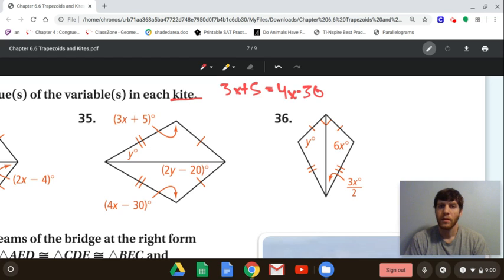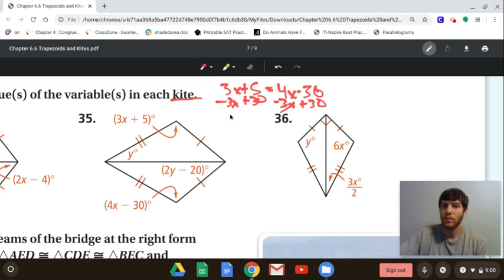Okay. And then we can solve for x. If we add 30 to both sides, and we subtract 3x, right, we're going to end up with 35 equals x. Okay. We can then plug that in.